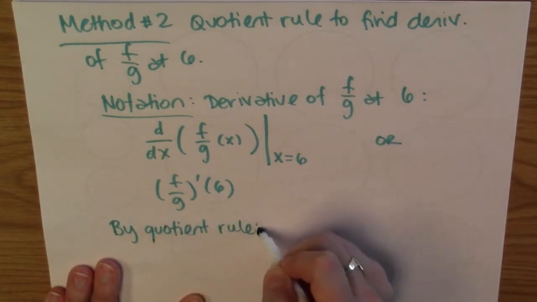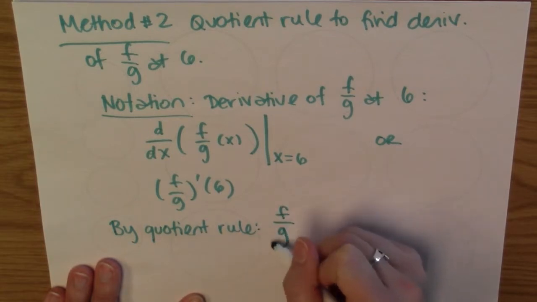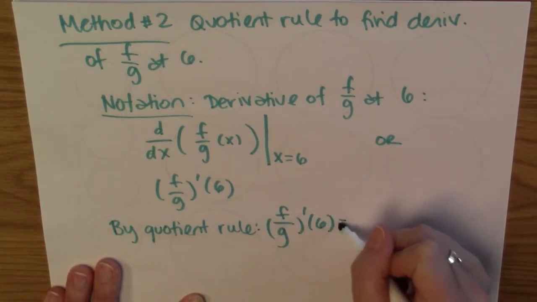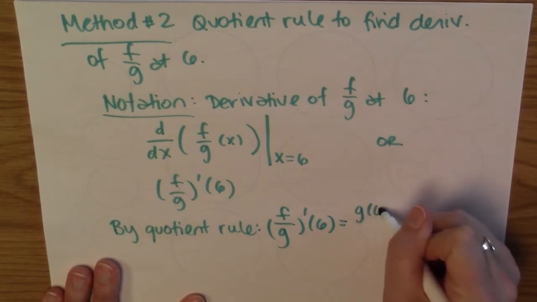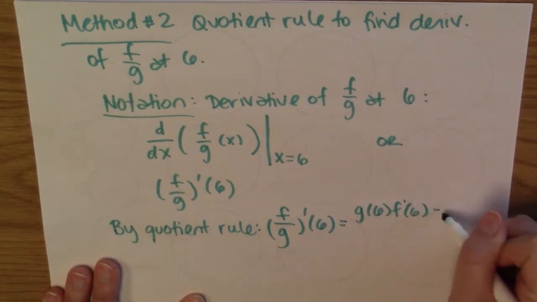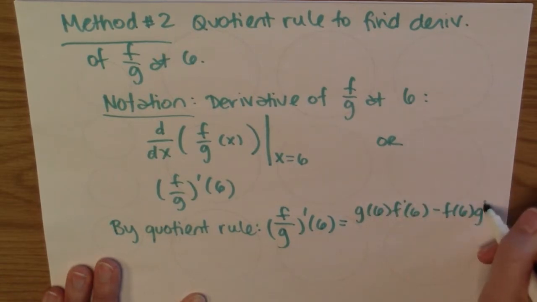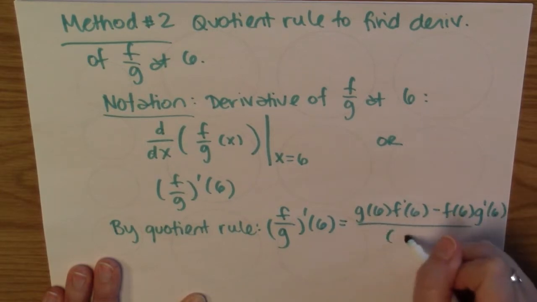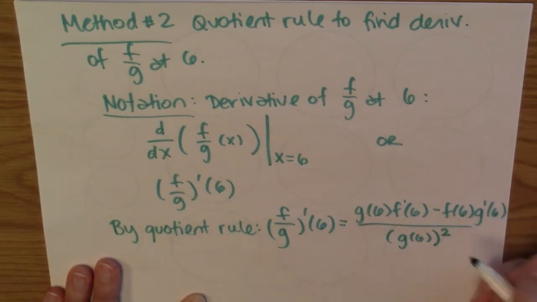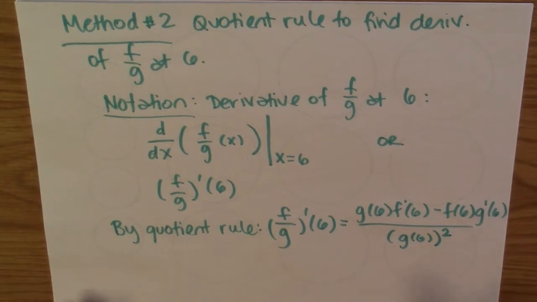All right, so by the quotient rule, we know that f over g prime at 6 is equal to, well, g at 6 times f prime at 6 minus f at 6 times g prime at 6 all over g of 6 squared. Again, we have these values from the table, so let's go ahead and plug those in.